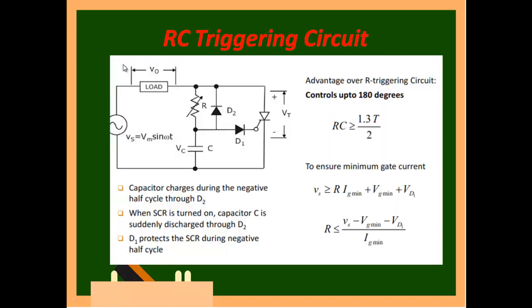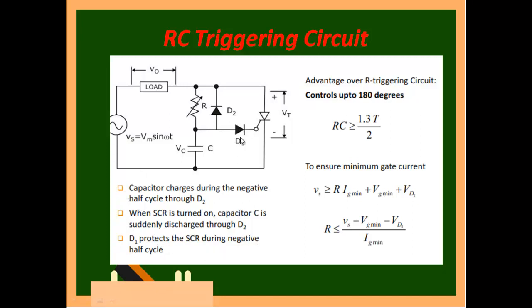For this reason, we are moving from R triggering to RC triggering. In RC triggering, you vary the resistance, and that is brought to this capacitance, and this capacitance will discharge and try to turn on. The capacitance charges during the negative half cycle through diode D2, and then when the SCR is turned on, capacitance C is suddenly discharged through D2. D1 protects the SCR during the negative half cycle.